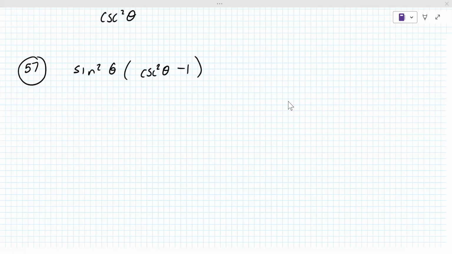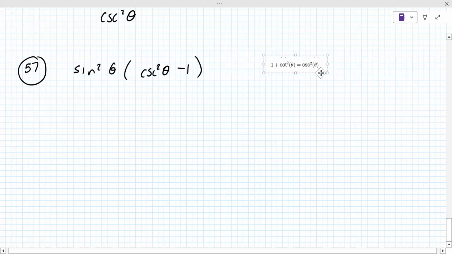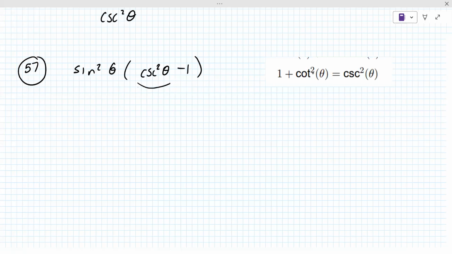This one is, but it's not as explicit as the last one. The last one was just right there. You could, for example, substitute in for cosecant squared theta this 1 plus cotangent squared theta. That would be totally fine. Instead of this, you can write 1 plus cotangent squared theta minus 1, which becomes cotangent squared theta.